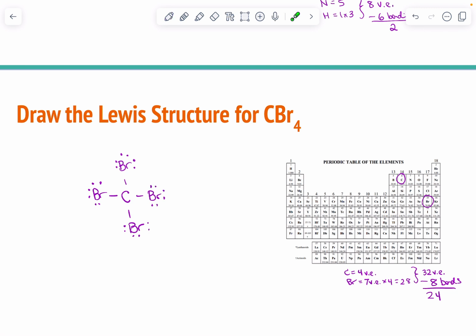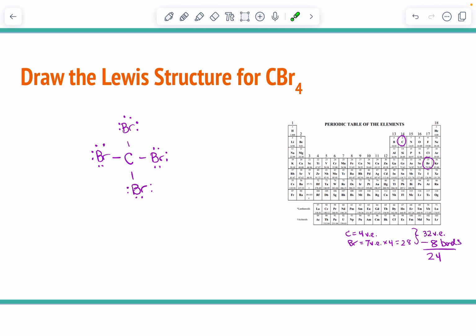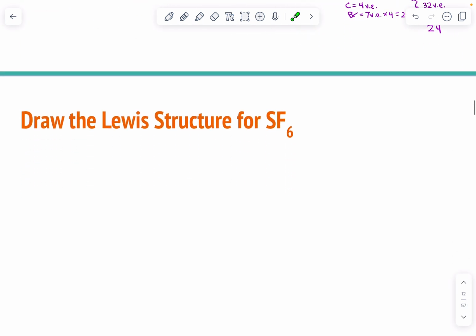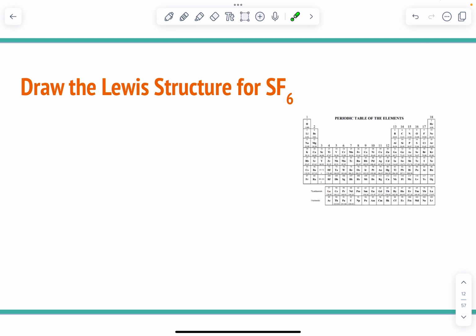Okay, so we've distributed 32 electrons total, 8 as bonding electrons, 24 as lone pair electrons. I see that each bromine has 8 electrons around it, so it's satisfied the octet, or that full valence shell. The carbon in the center has 4 bonds, so it also has 8. And so we have satisfied the octet and met that full valence shell requirement for all of the atoms in CBr4.